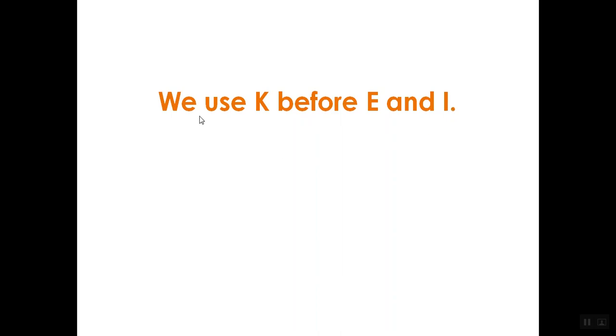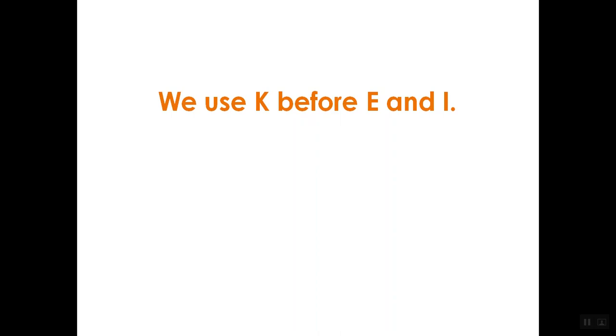So that means if we're finger spelling a word and we hear K before the sound E or I, we are going to choose K. So what we're going to do today, all we're going to do, is we're going to play a little game called C or K. I'm going to show you a word that's spelled two different ways.